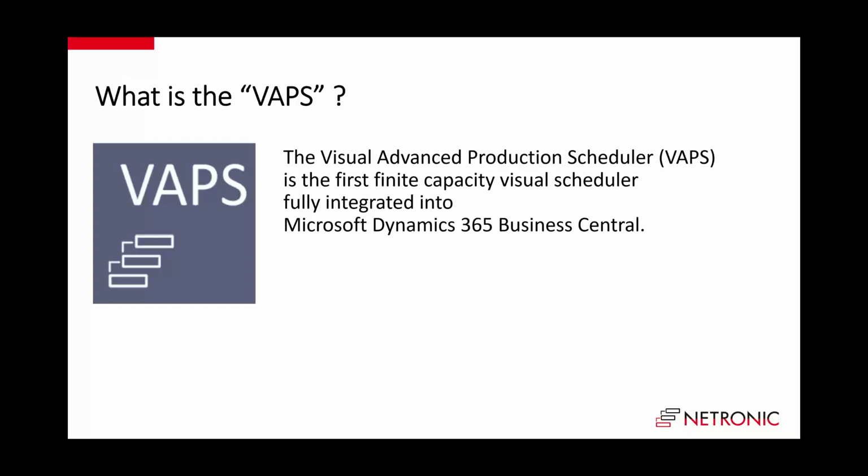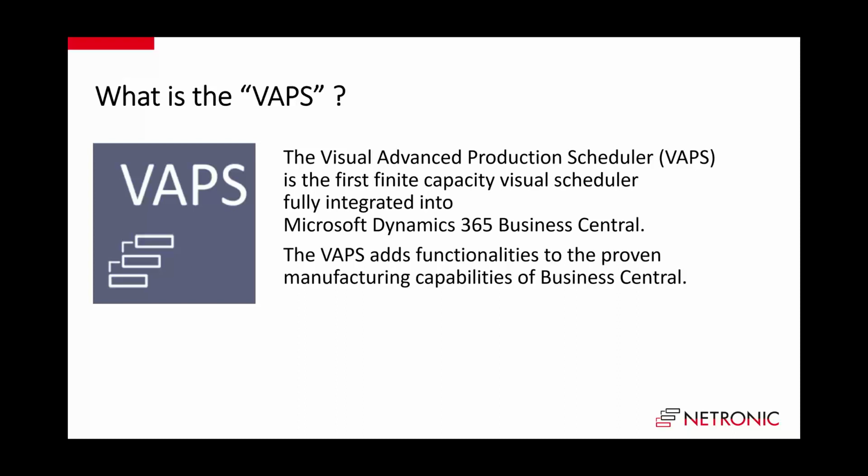The VAPS is actually the first finite capacity visual scheduler that fully integrates into Microsoft Dynamics 365 Business Central. It is an app that you can download from AppSource and that certified NETRONIC partners can also download from our partner community. It adds functionalities to the proven manufacturing capabilities of Business Central.